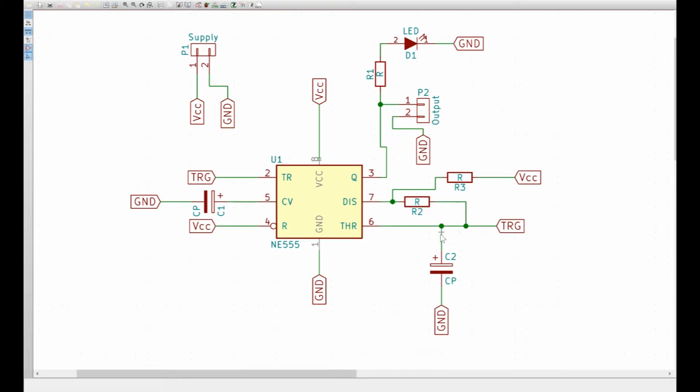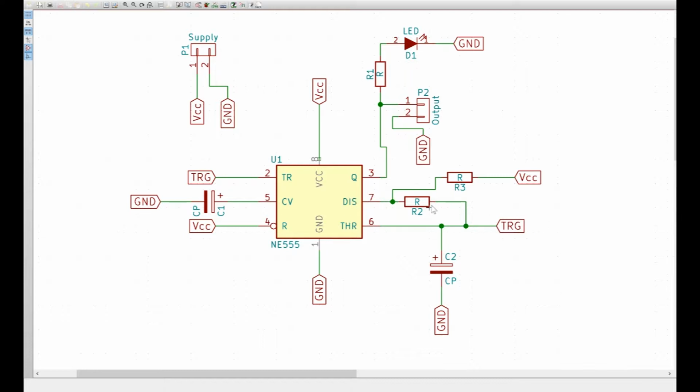We again have RC circuits over here, but this time the trigger voltage, which is the pin 2 of the 555 timer, and the threshold, the pin 6 of the 555 timer, would always have the same voltage because they're obviously connected together.